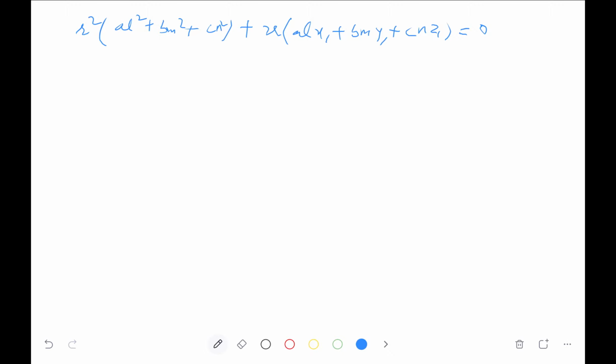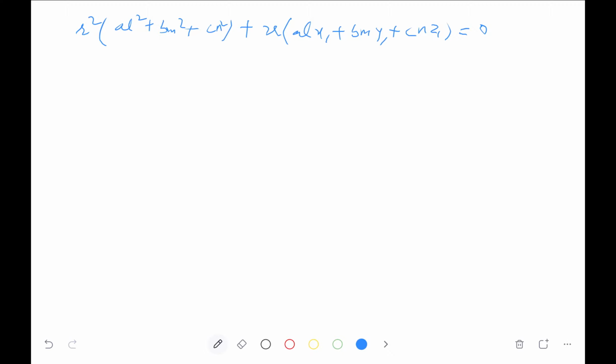This is representing a plane, ax1 into x, by1 into y, cz1 into z is equal to 1. So this is of the form ax plus by plus cz is equal to d. This is representing a plane and is known as the tangent plane to the conicoid at the point x1, y1, z1.